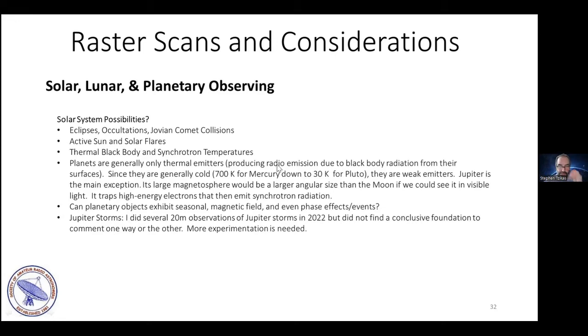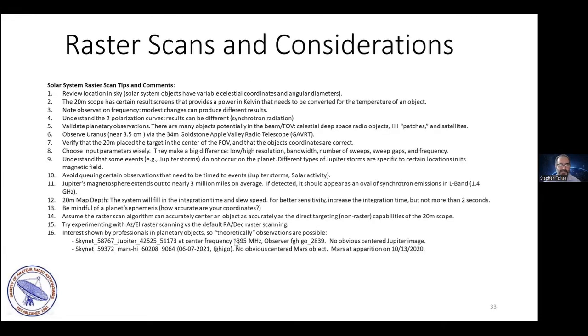And I'll go through that. I'm not sure if you can pick up other planetary objects with the 20 meter. It'd be really close, and you'd really have to pick your input parameters, and maybe choose when the planets are closest. But I haven't seen any evidence in the log of 20 meter observations for that. So I give some tips here. You can take a look at them.